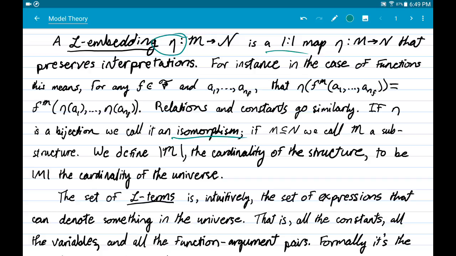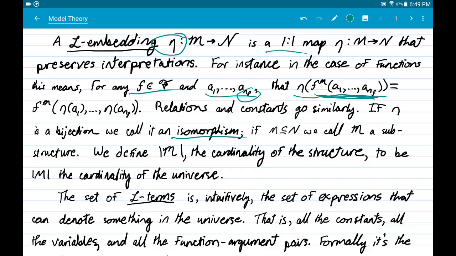Now I'll spell it out for the case of a function. So if we have a function symbol in our set of function symbols, and a collection of elements out of the domain, enough of them so that we can plug in for all of the arguments of that function symbol, then to preserve the interpretation, it means that the element which the function itself maps to within the domain, right?